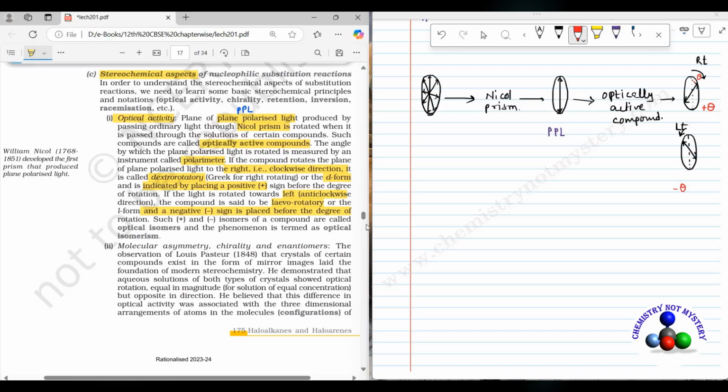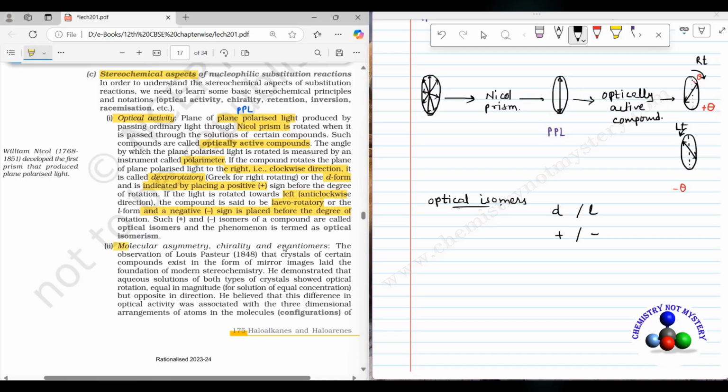Such plus or minus isomers of the compound are called optical isomers, and the phenomenon is termed optical isomerism. Such isomers are called optical isomers. Optical isomers exist as D form and L form, plus or minus.